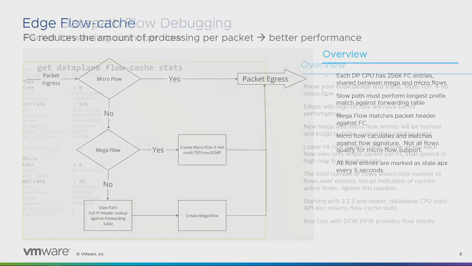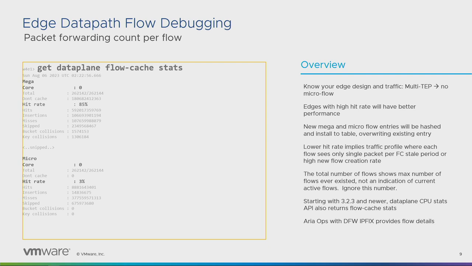Actually, I have an output in the next slide. So if you get the flow cache data for each CPU core, I've shown one core here. There's a 256K number here, right? It'll show you how many are used. That's fake, okay? Because the way entries are created in the table is, it's like a spreadsheet, right? When we write into a row and it gets invalidated, we don't erase it.